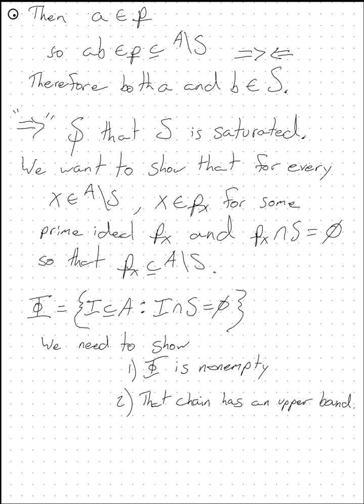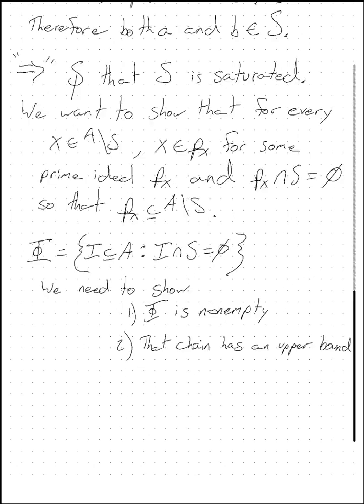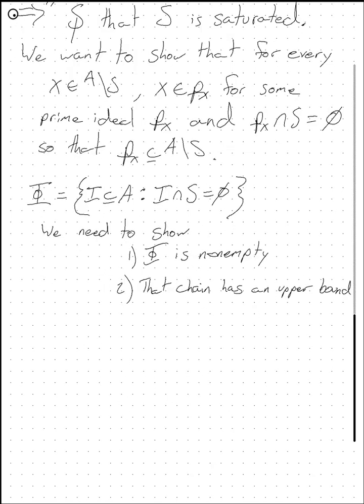Then if we can prove these two conditions are satisfied with Phi here, then Zorn's lemma tells us that Phi contains a maximal element. Okay, then we're going to use that maximal element and show that it is prime.